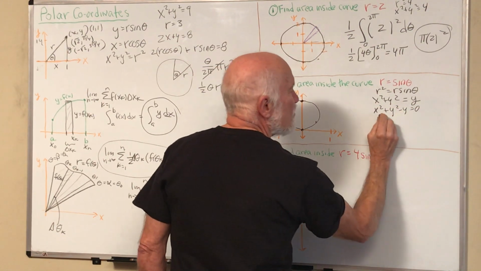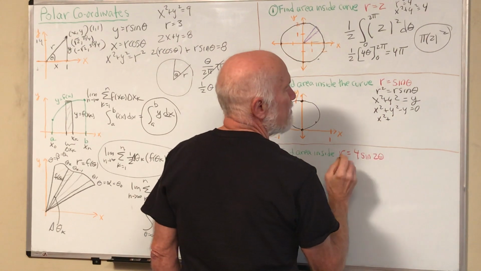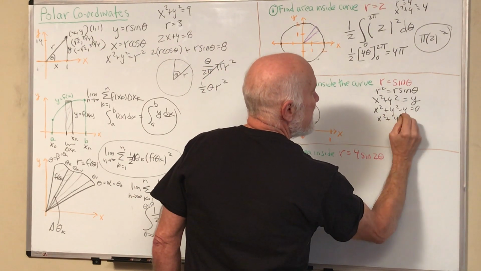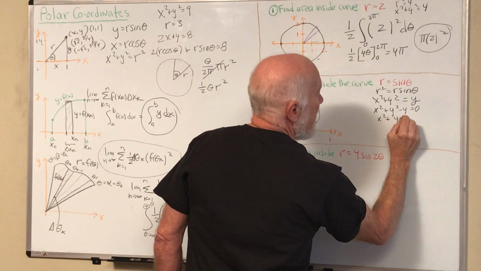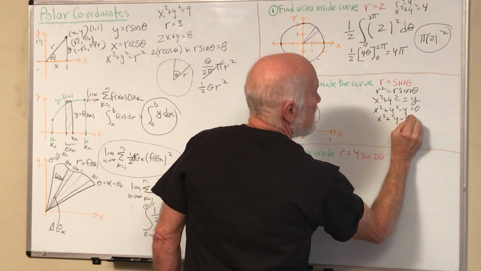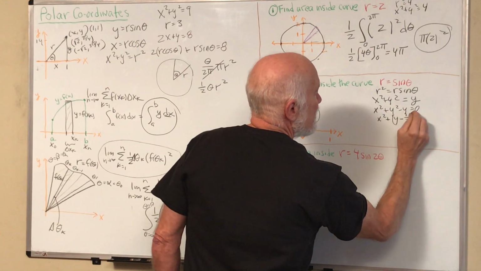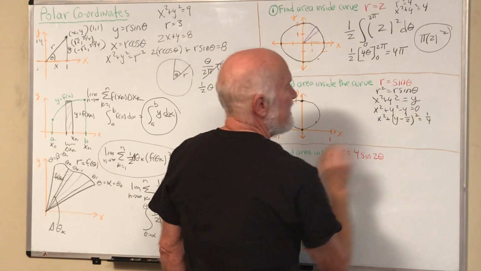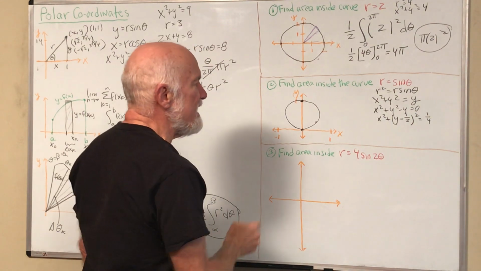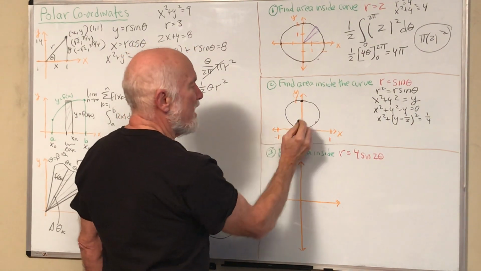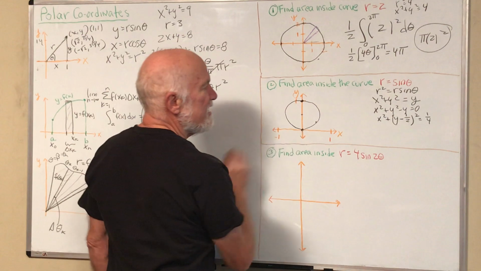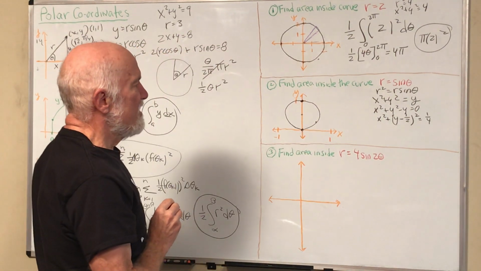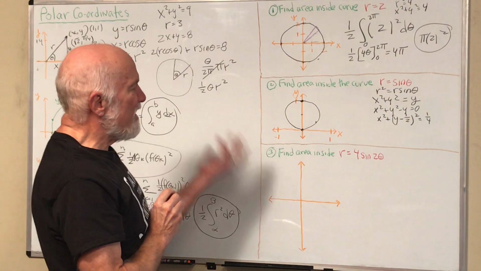You could complete the square and get x squared plus, and then you have y minus 1/2 squared equals 1/4, and you get a radius of 1/2 and a center of 0, 1/2. So anyway, now we want to find the area of that.